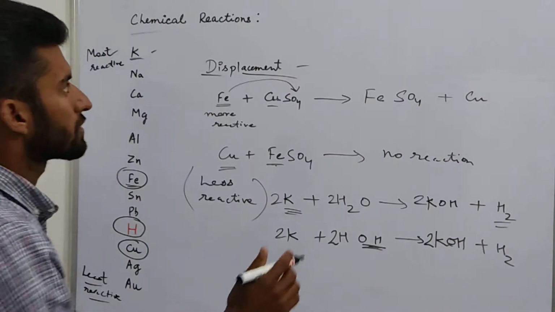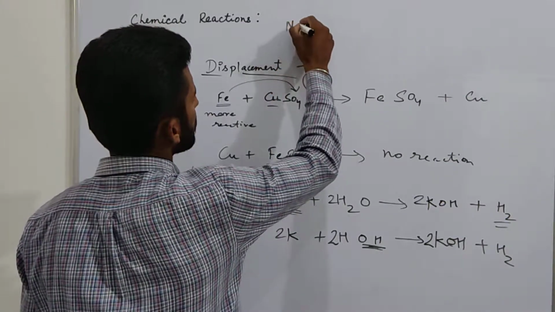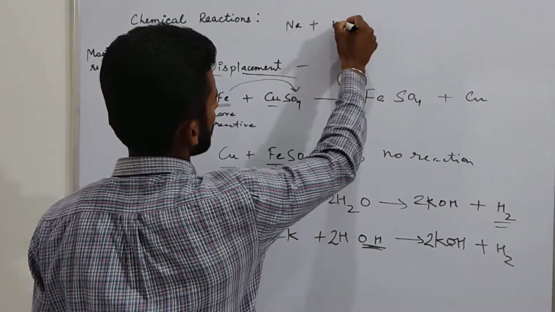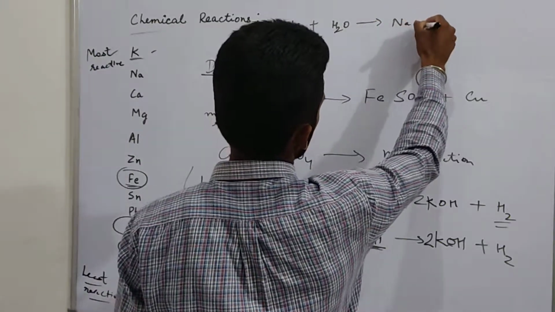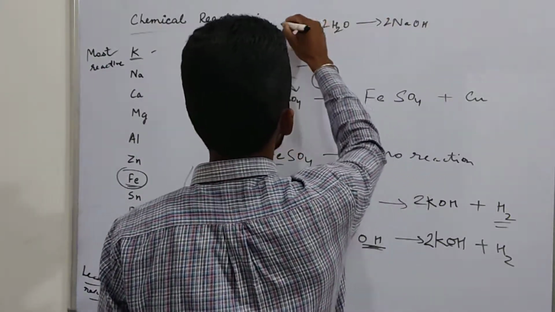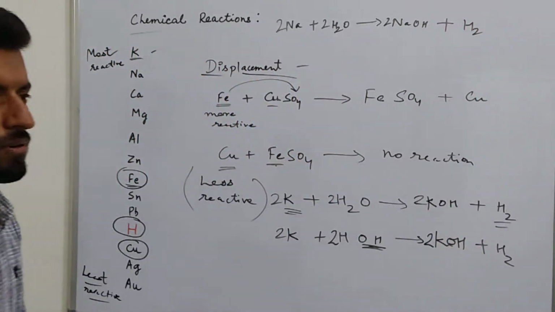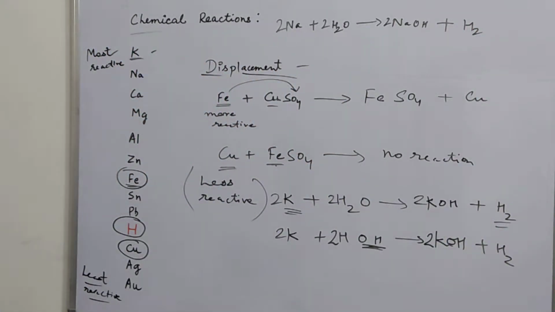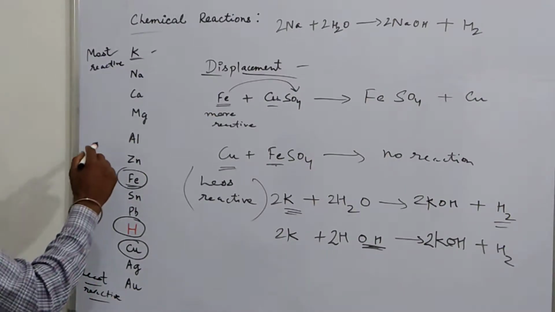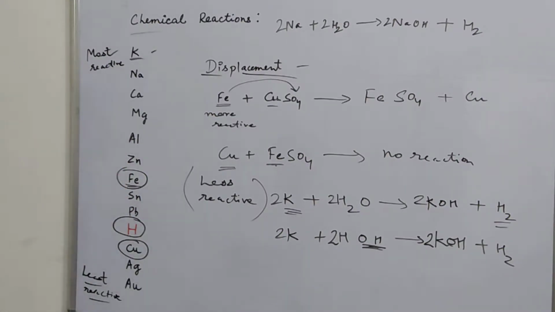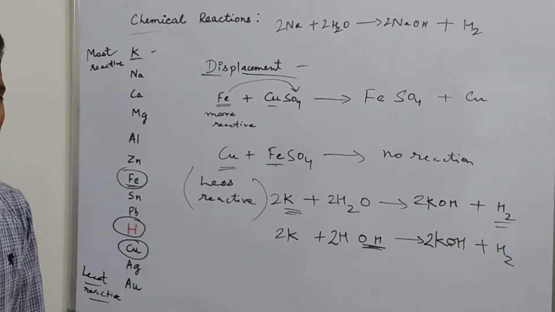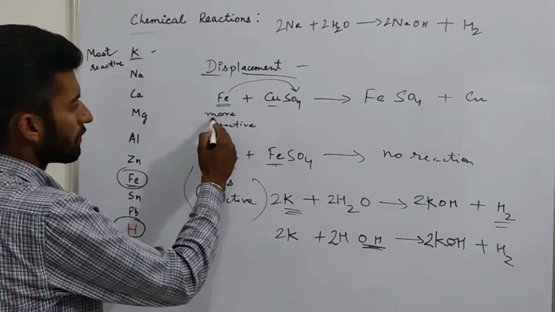Similarly, many more reactions are possible, like when sodium reacts with water, sodium hydroxide is formed along with hydrogen gas evolved. So in this way different reactions are possible, but the main thing is that the reactivity of the element undergoing the displacement reaction must be more.